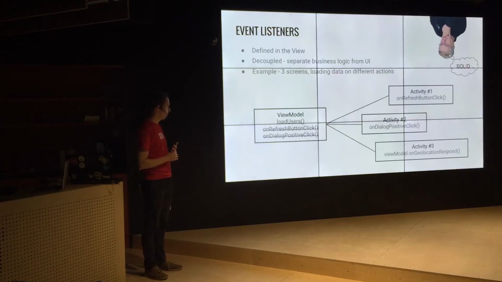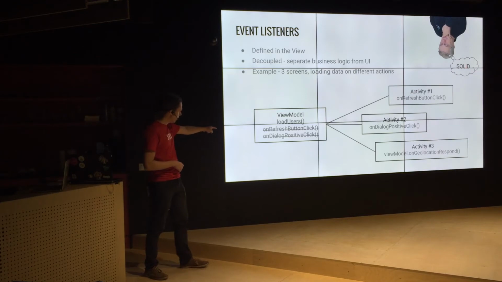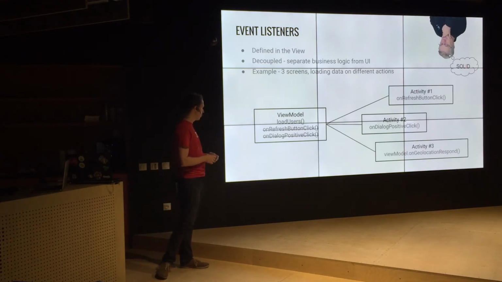So I think it does not make sense to implement on refresh button click or on dialog positive click in a view model, and it's better to implement those event listeners in an activity, because those methods will then just call load users.